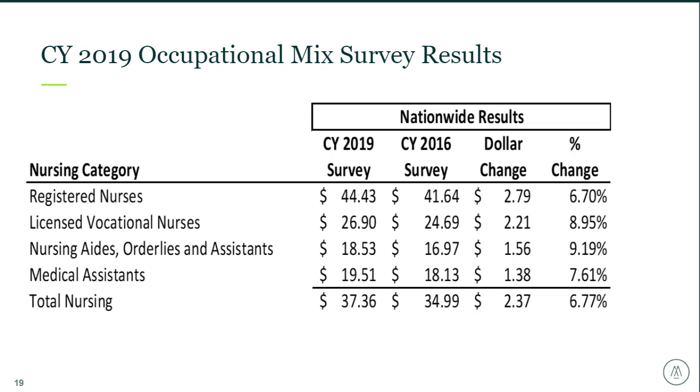What do these values represent in the overall scheme of the OMA calculation? Let's just focus on the RN and LVN categories. In the calculation of the OMA, the use of more registered nurses at $44.43 per hour versus LVNs at $26.90 per hour will ultimately drive up the nursing component of the OMA and will lead to a more negative OMA adjustment.